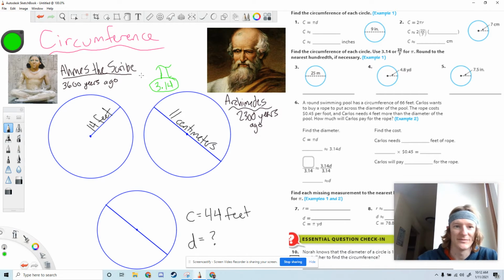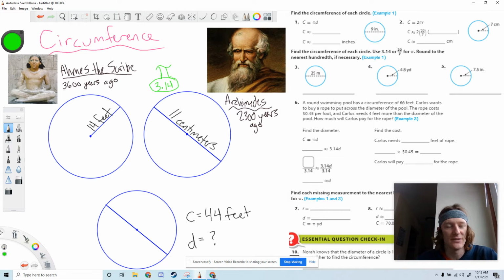Just found it on Google Images. And another man credited with this discovery is a guy named Archimedes, which you may have heard of. He's a Greek mathematician and philosopher, and this is over 2,000 years ago when he discovered and recorded a value for pi. So pi is always this number, 3.14.